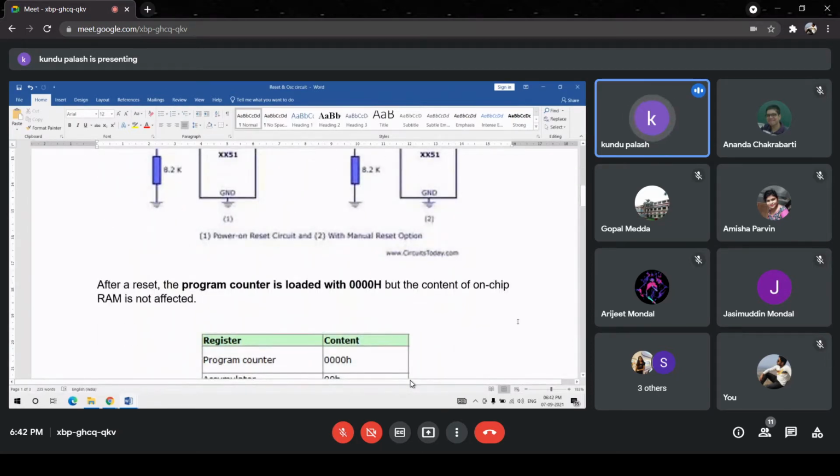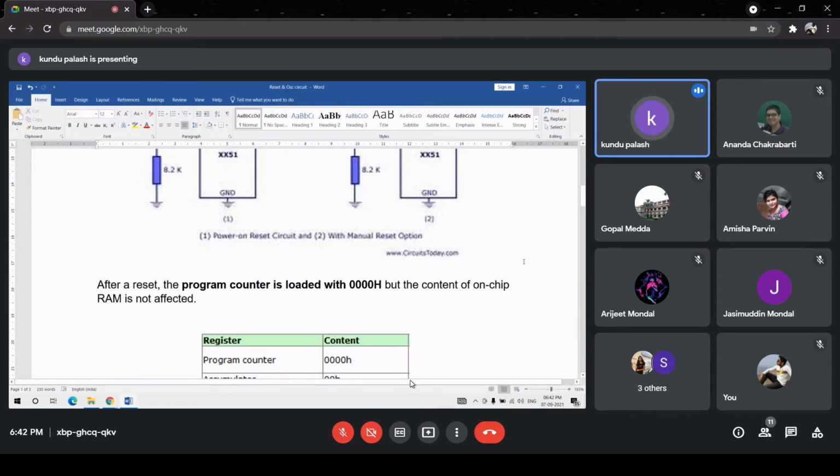So upon reset, what will be done? The program counter is loaded with 0000 hex, but the content of the on-chip RAM is not affected. Soon I will explain what is meant by the on-chip RAM as well as the program counter.